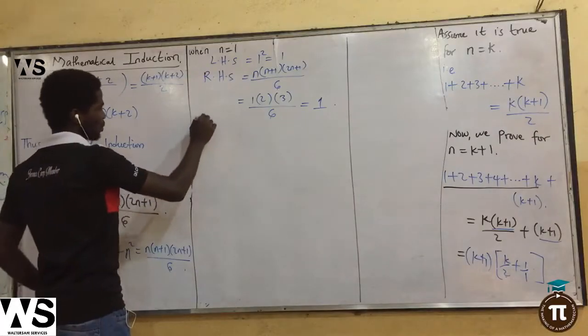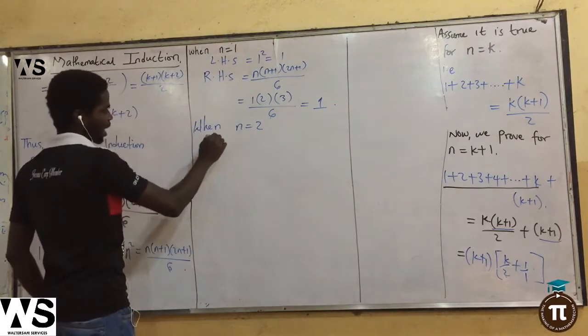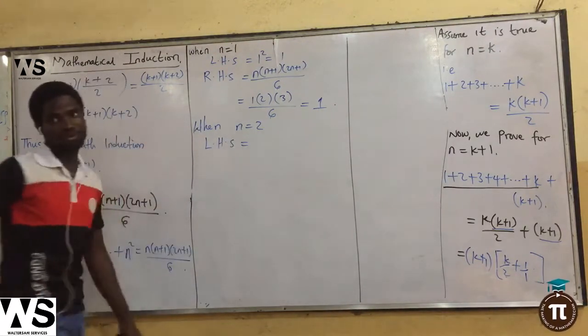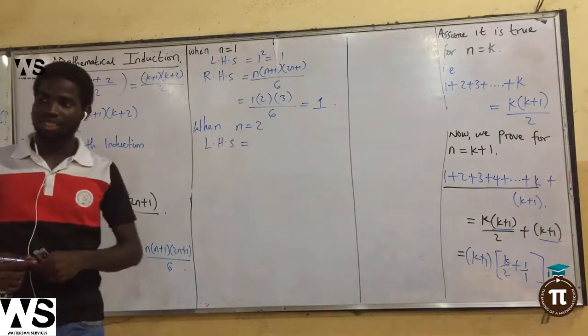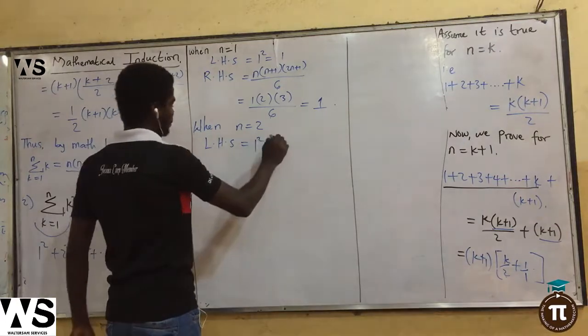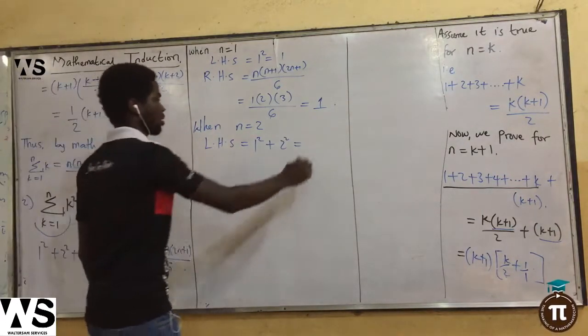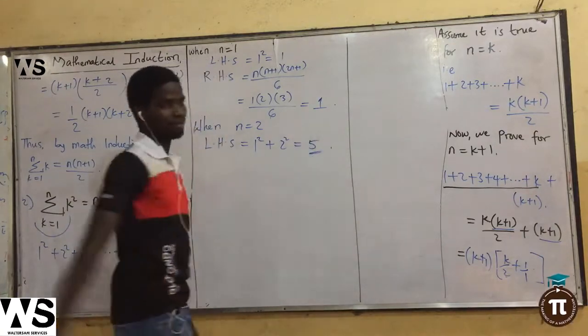When n is equal to 2, the left hand side, if you can try it, then follow me on the board and look at what I'm doing. 1 square plus 2 square, that's 1 plus 4, and that will give 5.